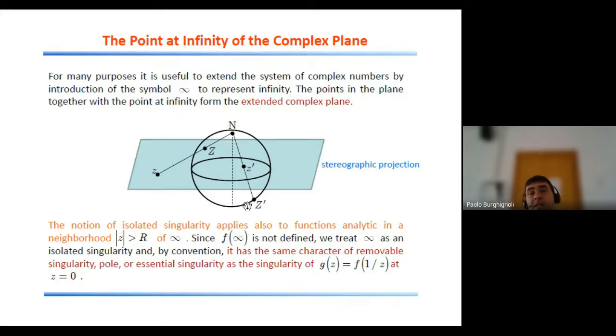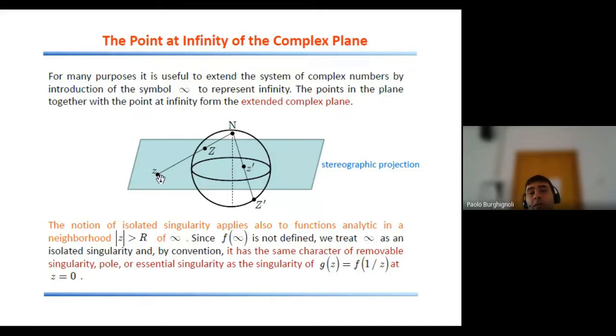So the south pole would correspond to the origin of the complex plane. Now, the point is that the one-to-one correspondence is actually between the complex plane and not the entire sphere, but the sphere without its north pole, because as you can understand from geometry, there is no point in the complex plane that corresponds to the north pole.